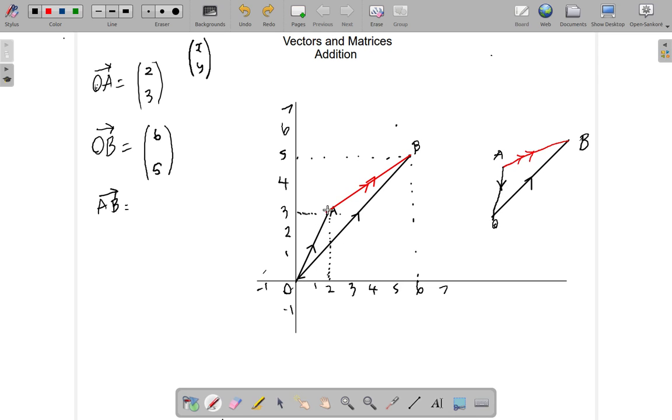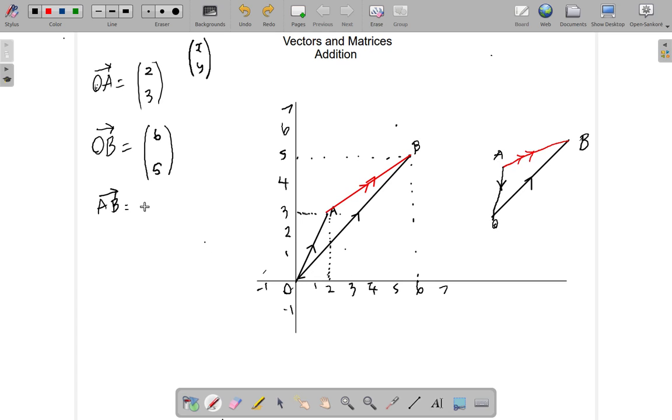OA was going up here, but now that the arrow is turned around, I can't call it OA again. It's AO. Now when you turn around the arrow on a vector like OA, I can call it AO, or I can call it negative OA.